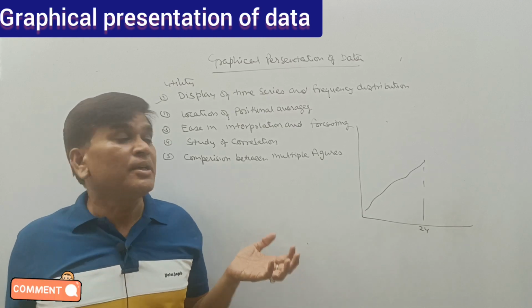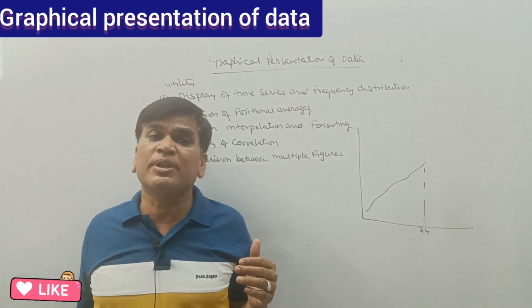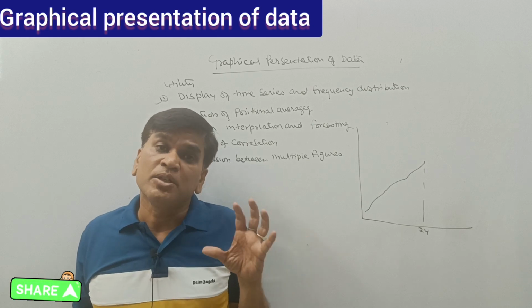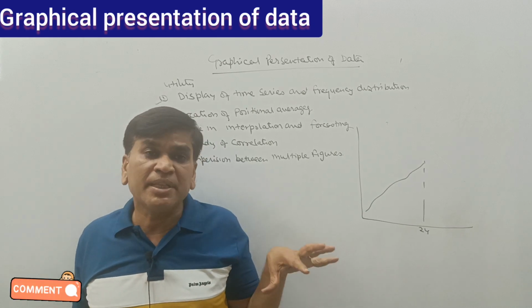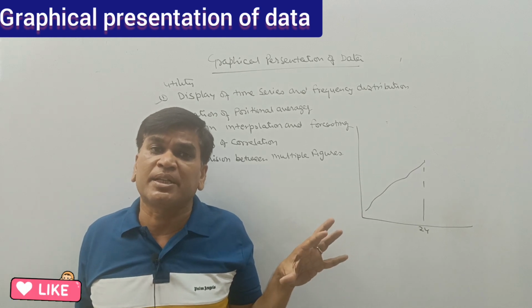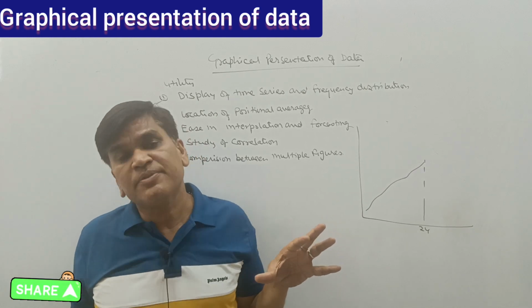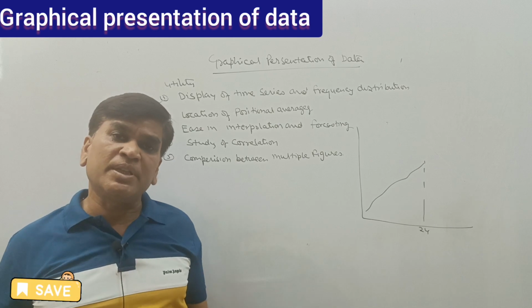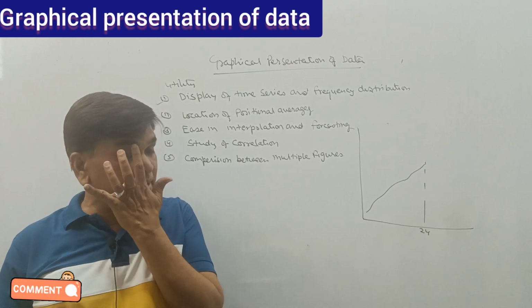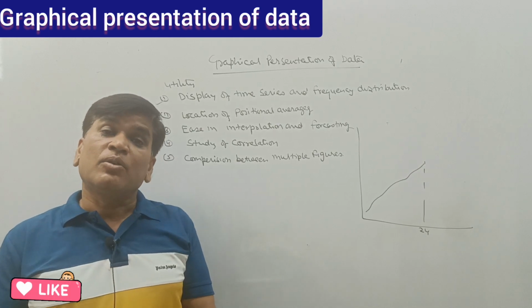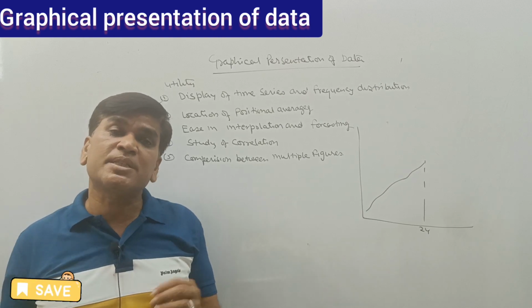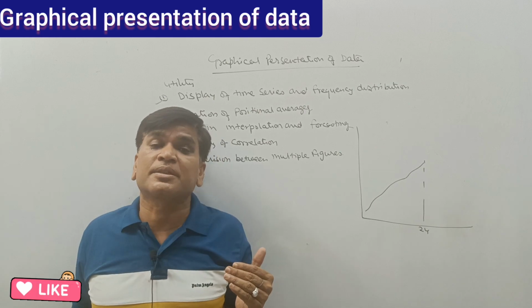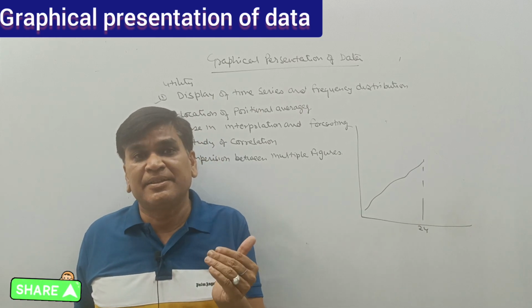Suppose our data is at regular intervals and is increasing; seeing the graph we can tell whether our data will increase or decrease. As we have gone through in the least square method, we know that we don't make any forecast on the original data, we always forecast on the trend data.